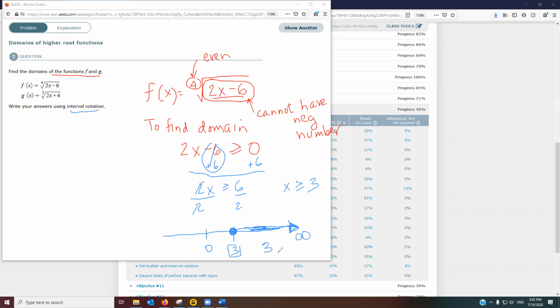So I'm going to write this in interval notation as 3 comma infinity. You always put a parenthesis with the infinity. For the 3, because I'm using a greater than or equal to symbol, you use a square bracket on that. So the answer to this question is 3 comma infinity with a square bracket on the 3 and a parenthesis on the infinity.